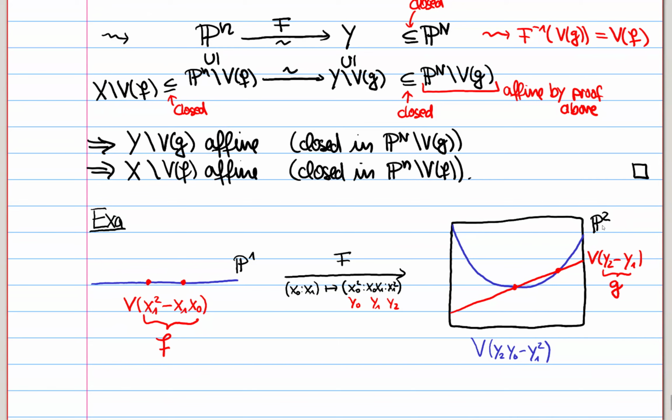And then because P2 minus the vanishing locus of g, this line, is affine, the blue part is a closed subset of this affine space. And so this shows that this blue part here is affine. So this was the proof of the statement and the discussion of the Veronese embedding, and that's also the last part of this chapter.